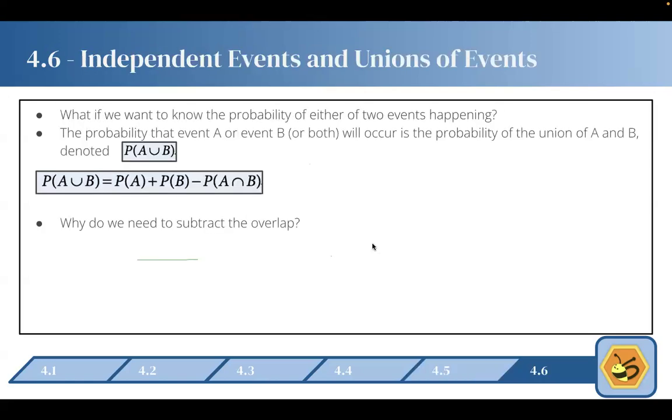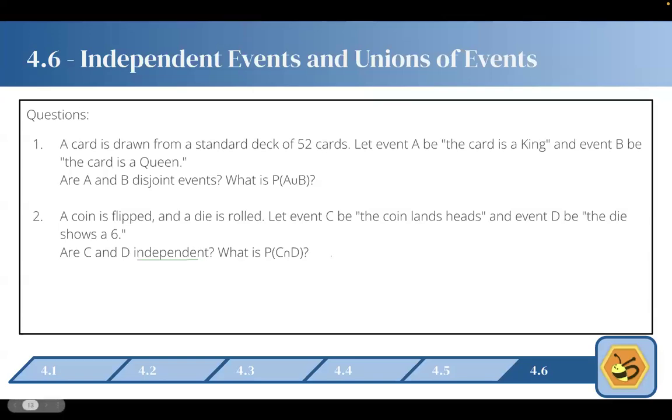So let's take a look. Let me go back to annotating here. Let event C be the coin lands heads, which we know is going to be 1/2, and event D be the die shows a 6, and that's going to be 1 over 6.